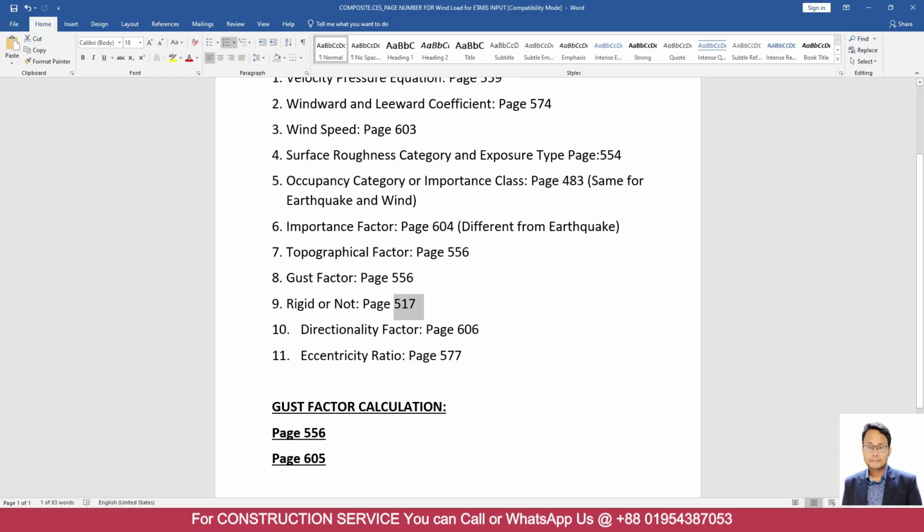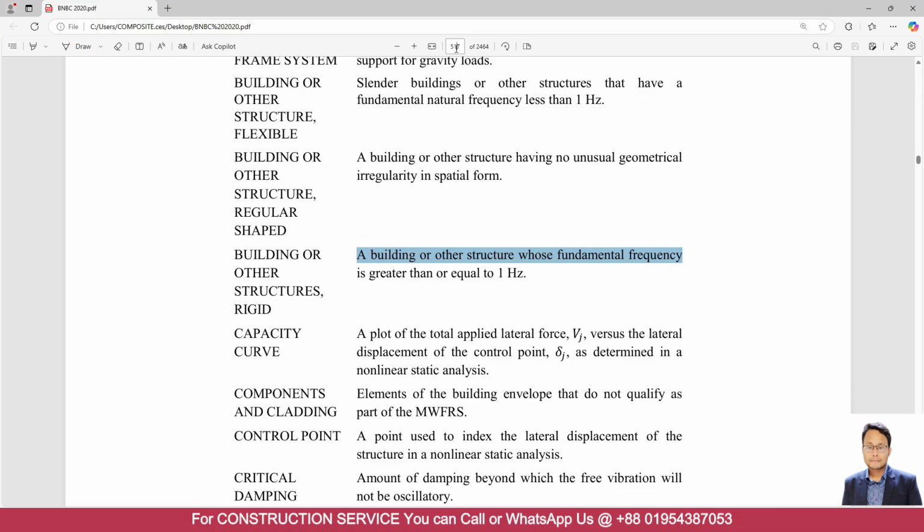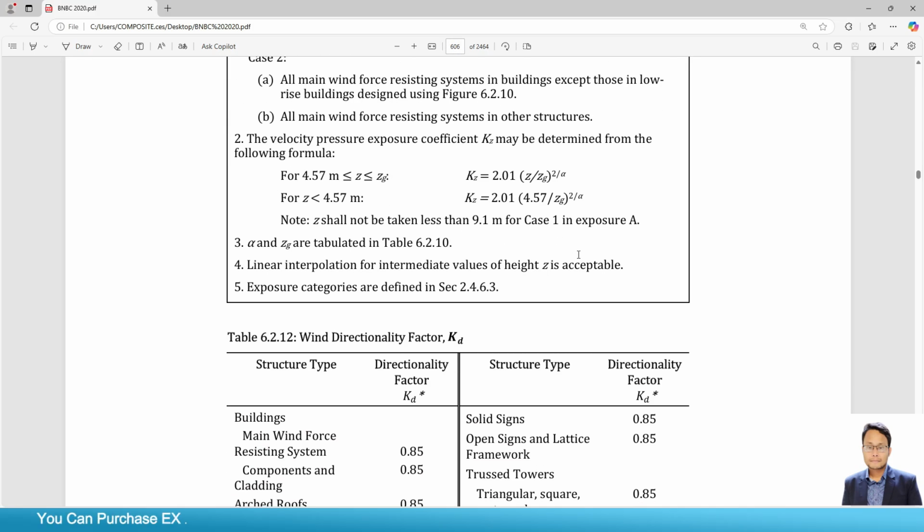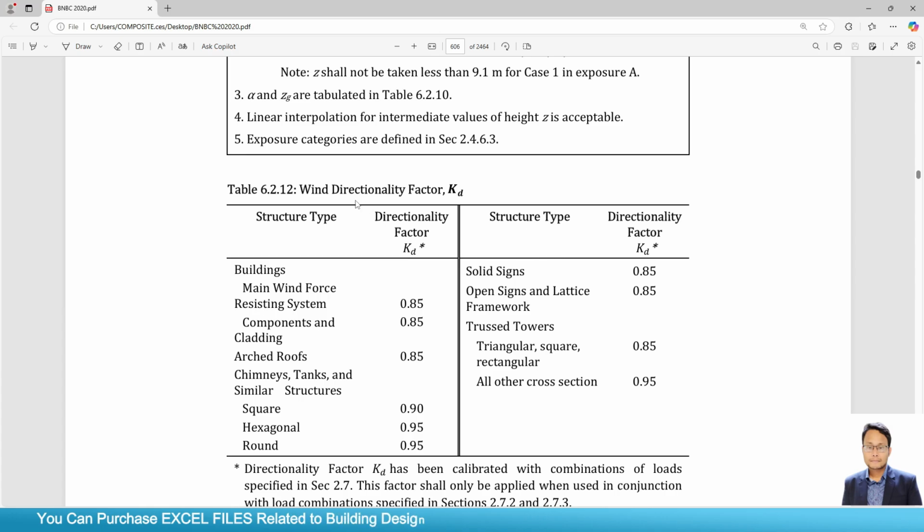Now I will find out the value of the directionality factor at page number 606. So go to page number 606. In our case, we will consider that the structure is rigid. Wind directionality factor: here for the buildings main wind force resisting system, the value will be 0.85, right?